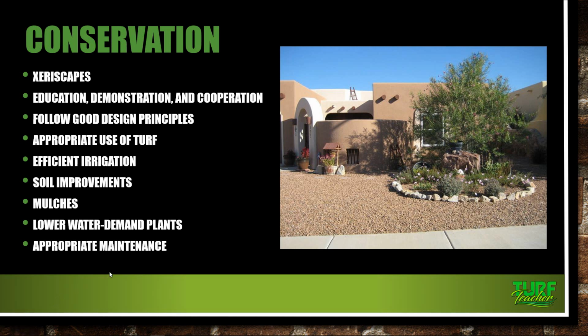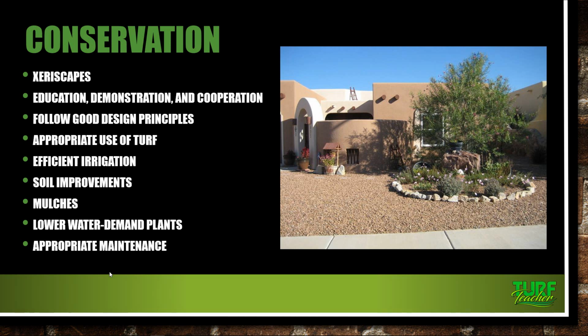Conservation, we need to start looking at plants that are considered xeriscape plants, which means that they take less water. We need to educate ourselves, our clients, and the general public, and do some demonstration and cooperation with each other. Follow good design principles. Have the appropriate use of the turf.